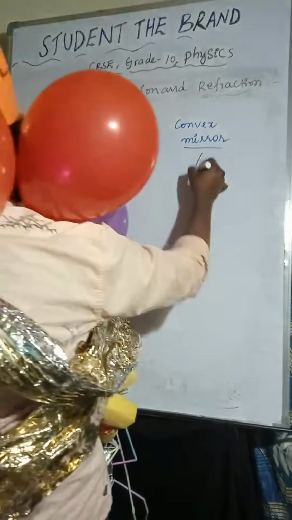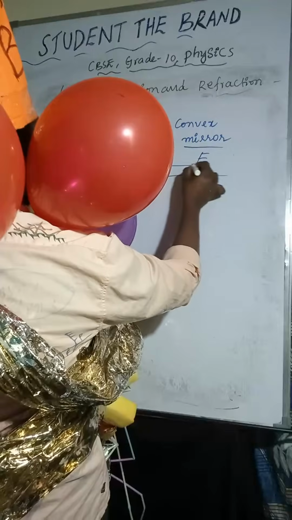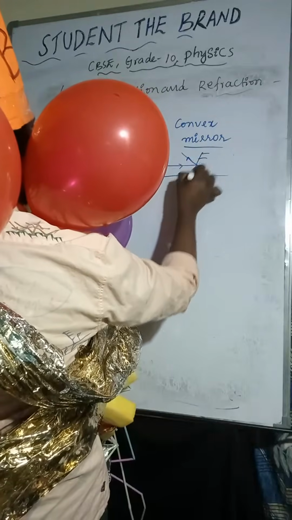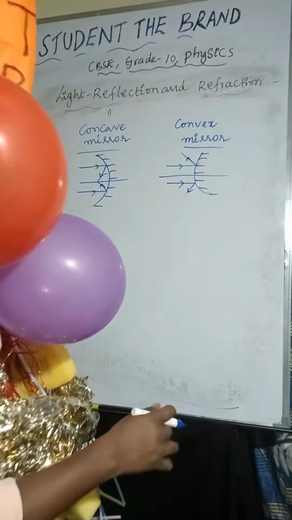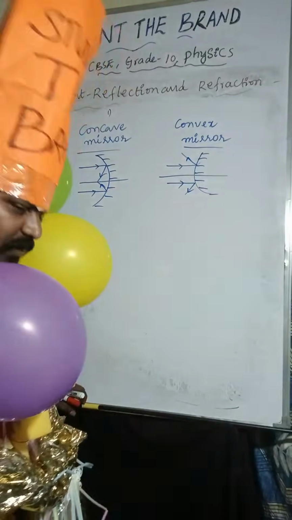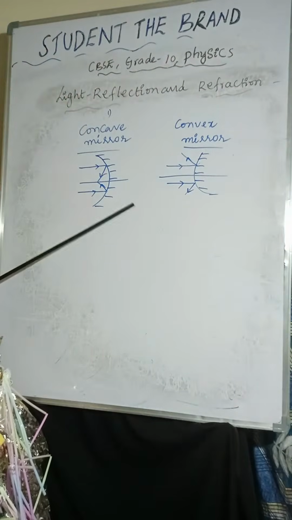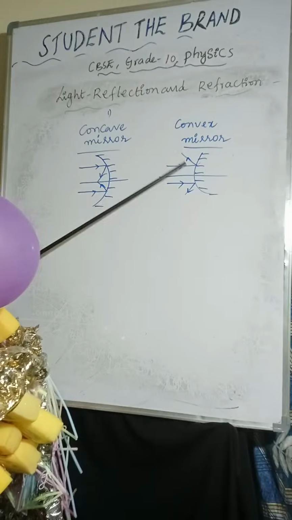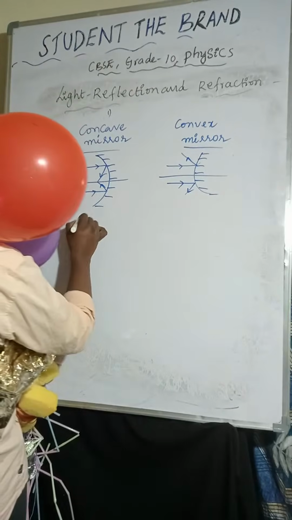Like this. Here, after reflection, the light rays are moving away. So a concave mirror is also known as a converging mirror, whereas a convex mirror is also known as a diverging mirror.